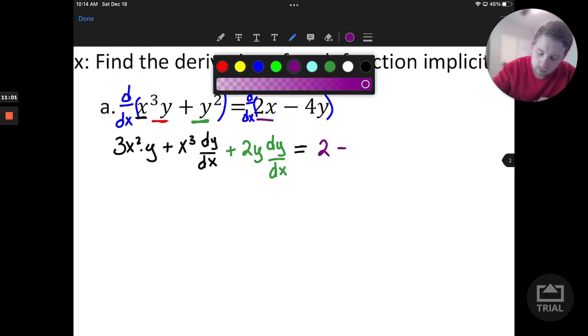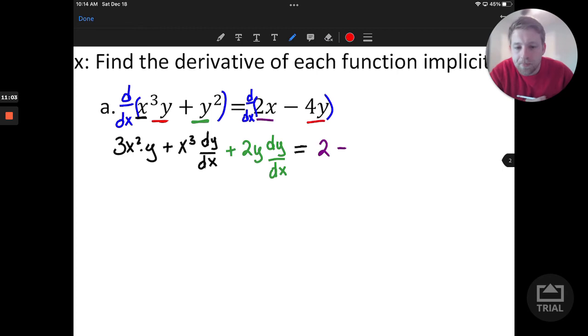If we do the 4y term, we could say that the derivative of 4y is going to simply be 4. The derivative of the y term is dy dx. So 4 dy dx would be our final result there.